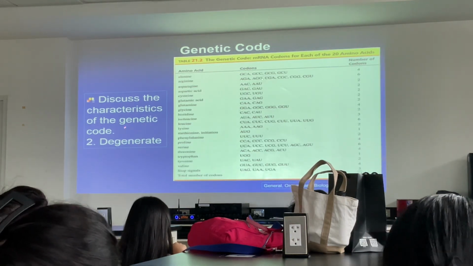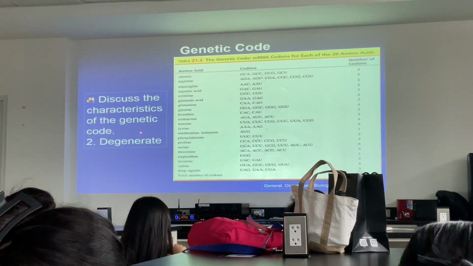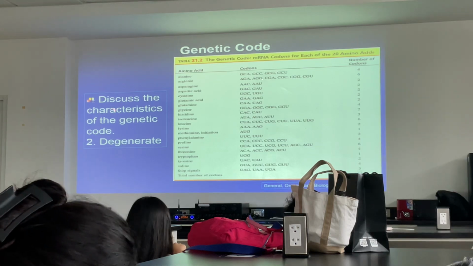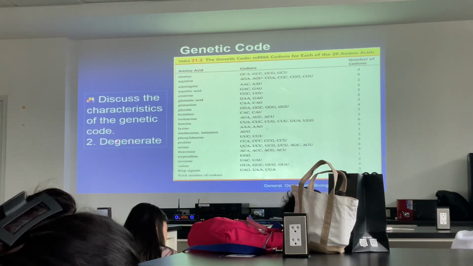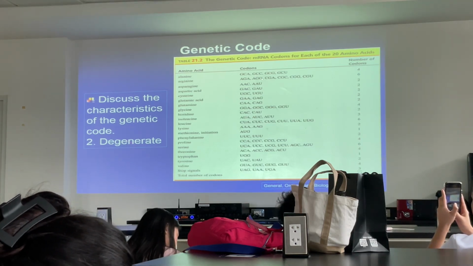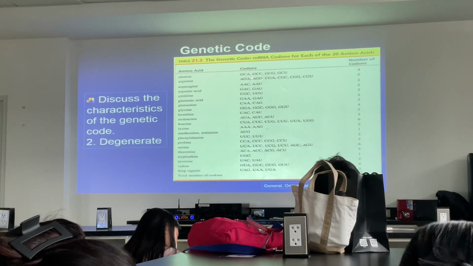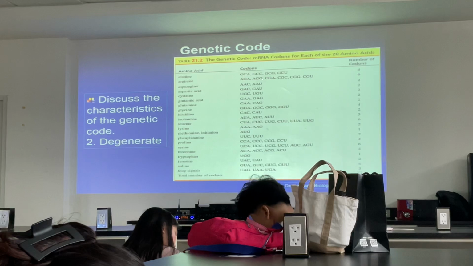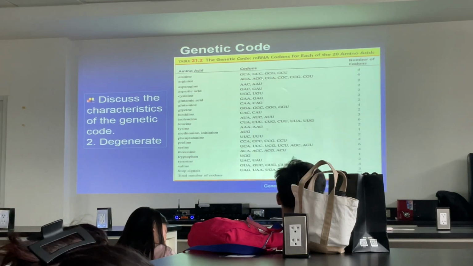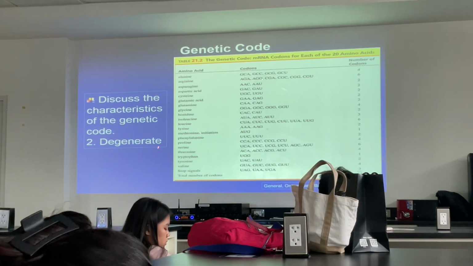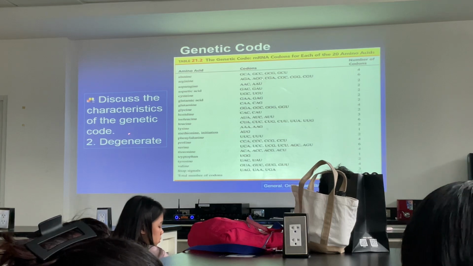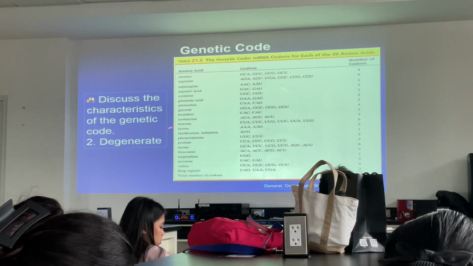Second, the genetic code is degenerate. What is the meaning of the genetic code being degenerate? Several codons can code for a specific amino acid. That's the meaning of degeneracy, or a codon being degenerate.